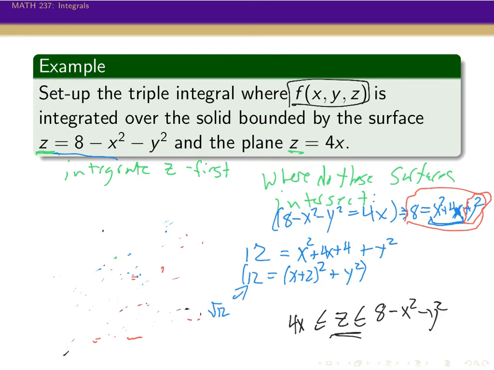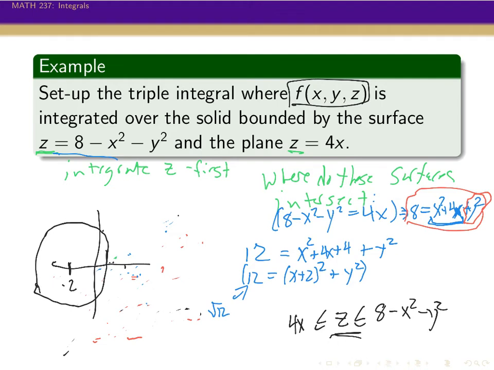And so on the xy plane, this is a circle centered at minus 2, 0, has radius square root of 12, which is a little bit more than 3, less than 4, so it's roughly looking like this. Okay. Let's close this off. Okay.